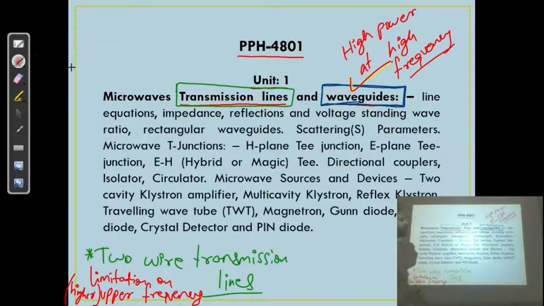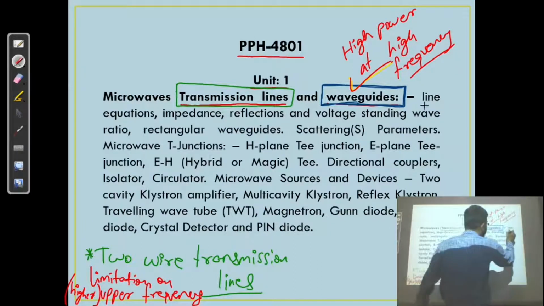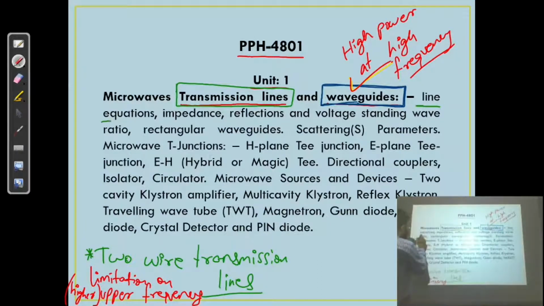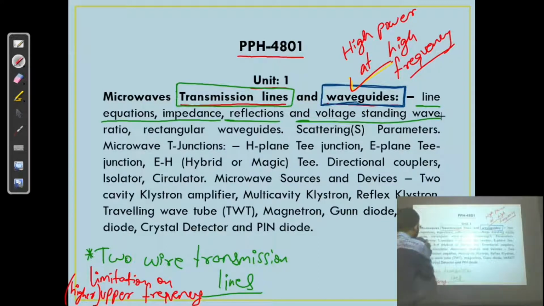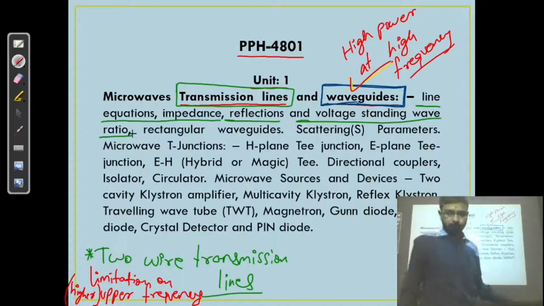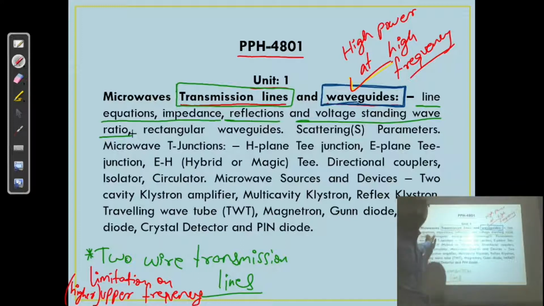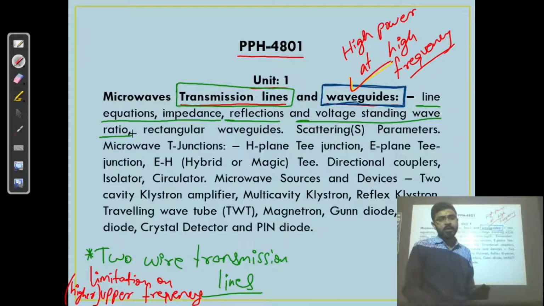Then we are going to study line equations, impedance, reflection and voltage standing wave ratio. All these topics come under transmission lines. We will discuss the characteristics of transmission lines and the IV equation, the current-voltage relationship, because as the transverse electromagnetic waves are there, it will have induced current or induced voltage.